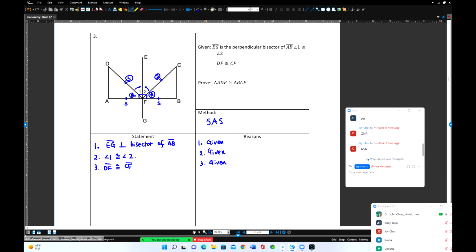We got one side already. And from the bisector, we can say AF congruent to FB. It's okay because this is a segment bisector. So we can write down over here, segment bisector.